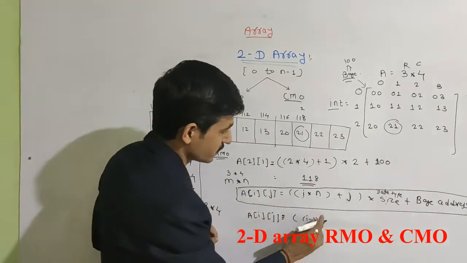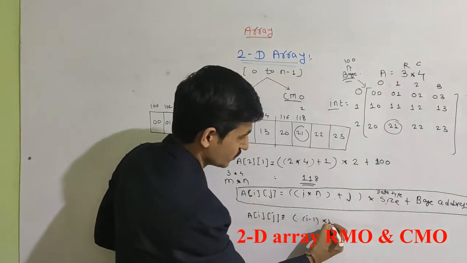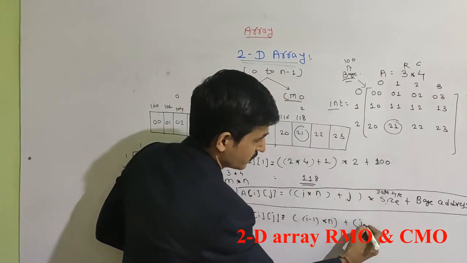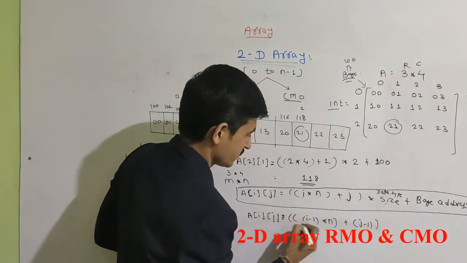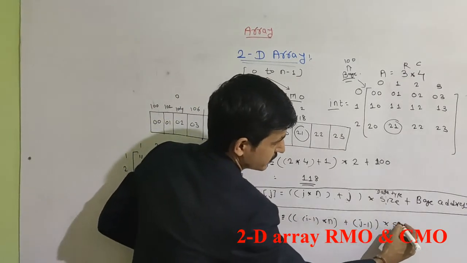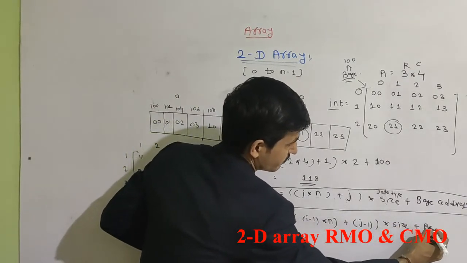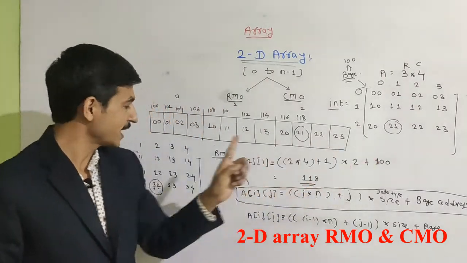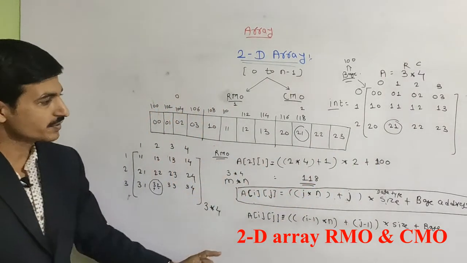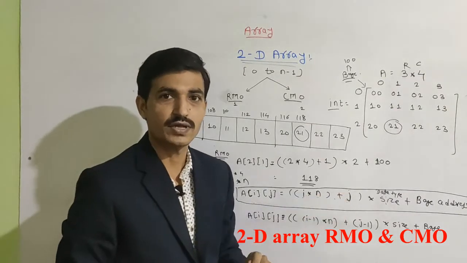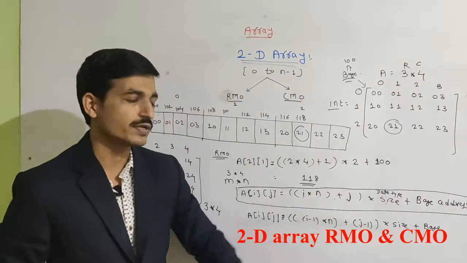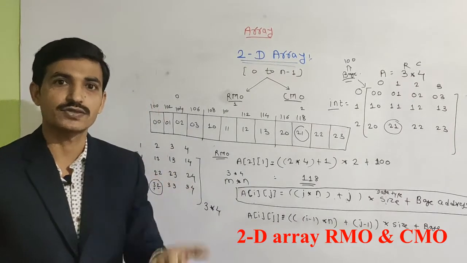So if I subtract, it is (i minus 1) into n, then plus (j minus 1) into size plus base. So we have to subtract 1 if the array index starts from 1. Otherwise it starts from i and j, that is 0, 0. If it starts from 1, then we subtract 1 from both indices i and j.